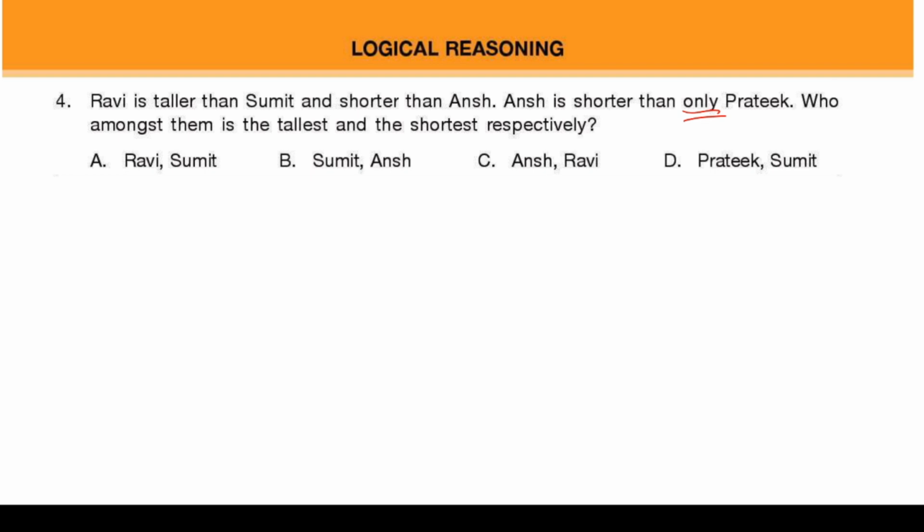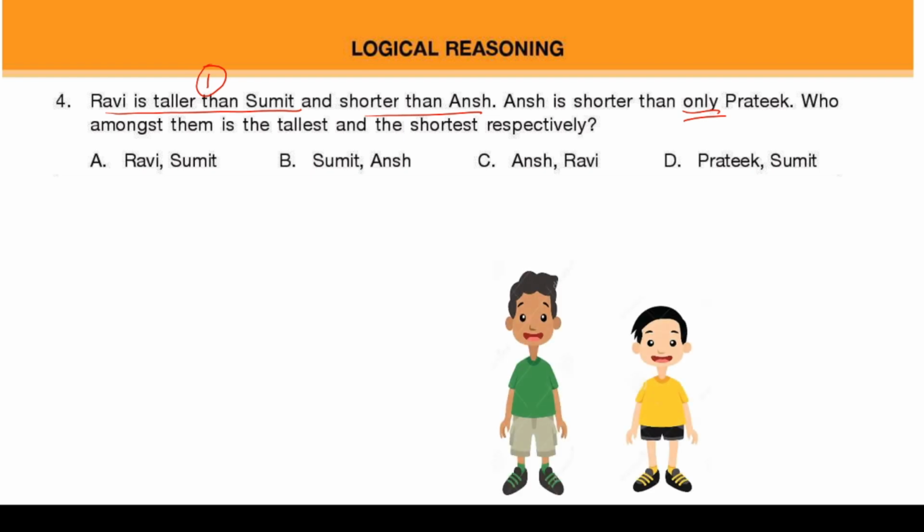Now let's read the first sentence where it says Ravi is taller than Sumit and shorter than Ansh. So let's look at the first part. So let's have Sumit here and Ravi here. So Ravi is taller than Sumit. Now let's go to the second part which says Ravi is shorter than Ansh.